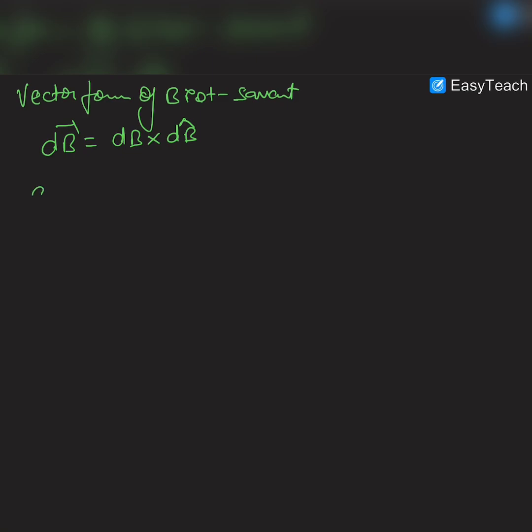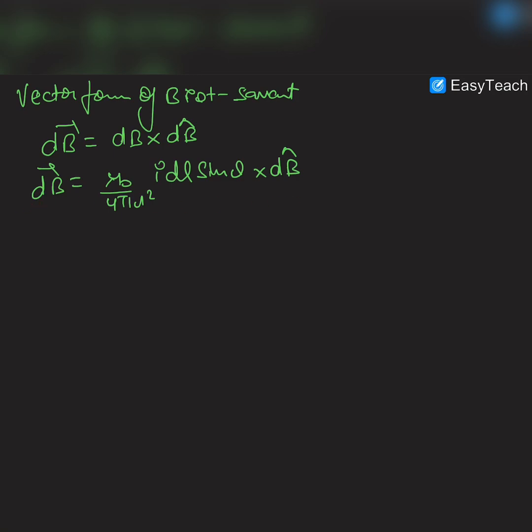The magnitude of dB is mu naught by 4 pi r square into I dl sine theta into dB cap. This is the vector value of the magnetic field.